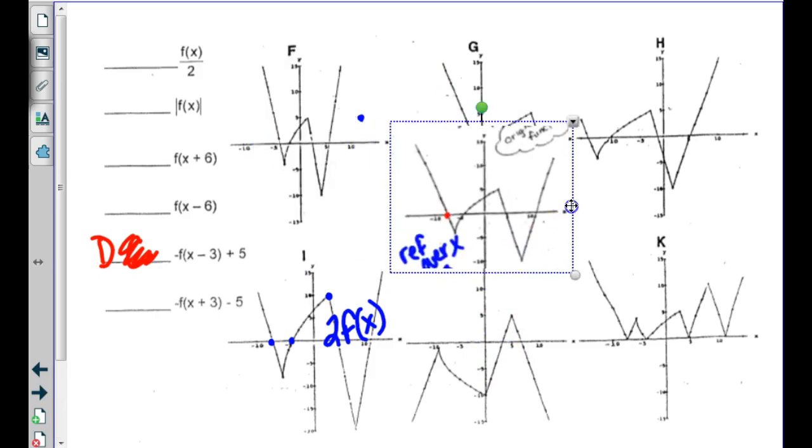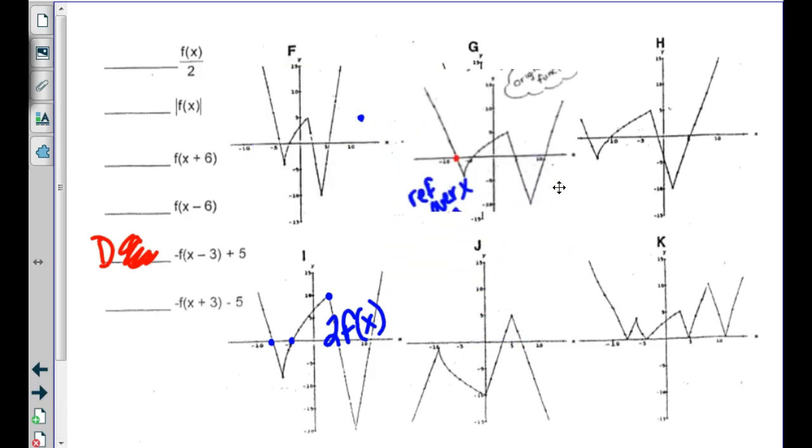Okay, so J, goodness, upside down, but that would put this point here, and it's over here. So upside down, and then left something, and down, say roughly 5. So it must be this guy right here.